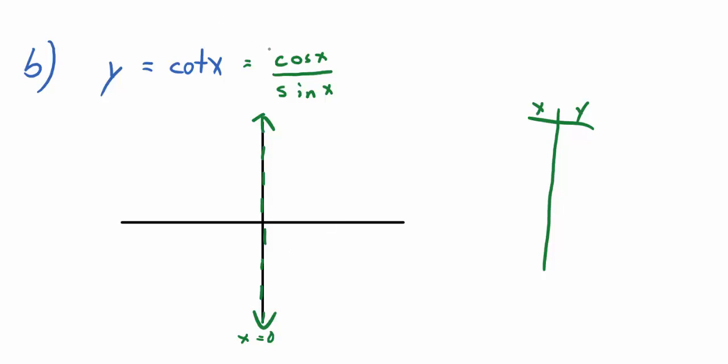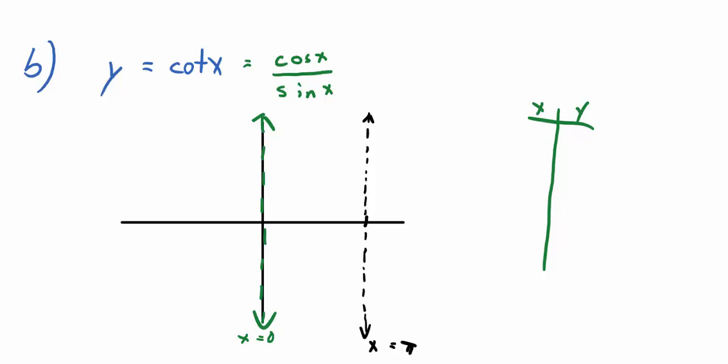Pi. And as we've already noted, if you tried to plug in pi and take the sine of it, you get 0, you get division by 0, right? So there's an asymptote there as well. So just like before, I'm going to plot the 2 asymptotes. The y-axis is an asymptote, and the line x equals pi is an asymptote. Obviously there's a lot more, but I'm graphing just one period, and these are typically the 2 asymptotes we draw for one period.